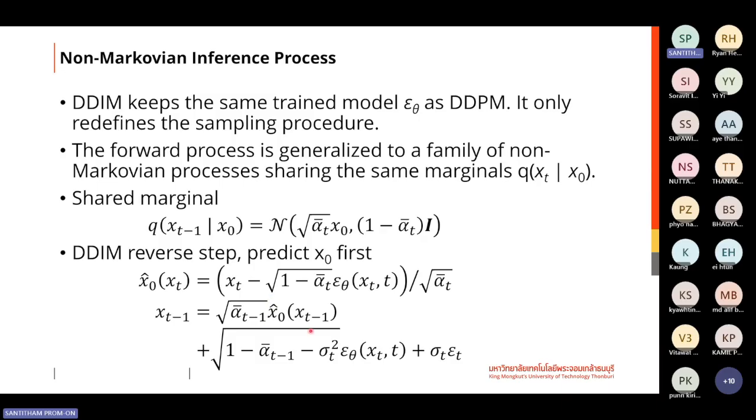You have x0 predicted from xt minus 1. And then actually, I think this should be xt though. I might make a mistake here. It doesn't make sense if you predict xt minus 1 and then, yeah, I think it should be xt, not xt minus 1. It should be the predicted x0 from that iteration, from iteration xt.